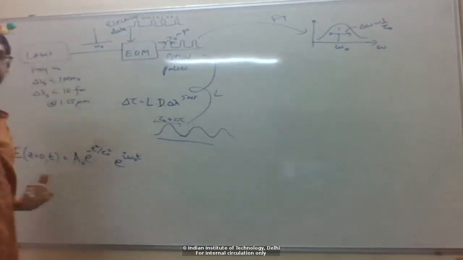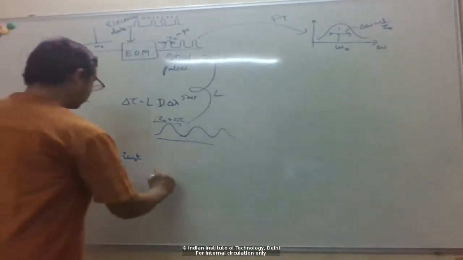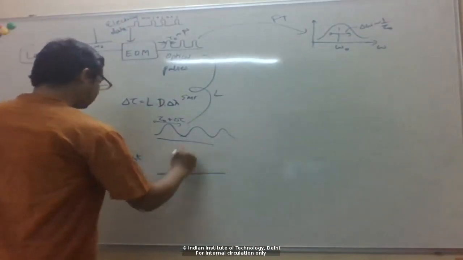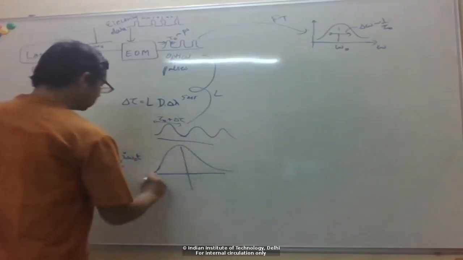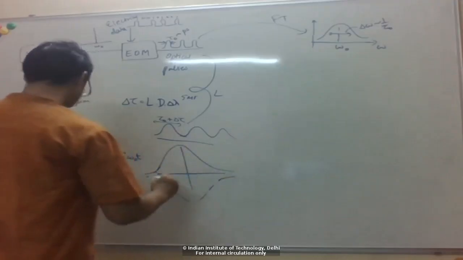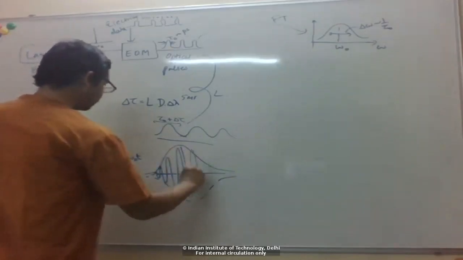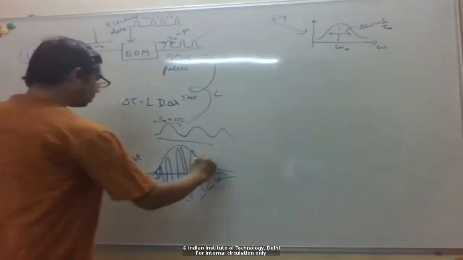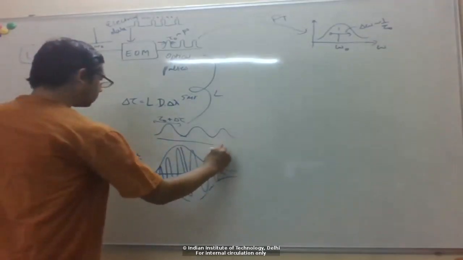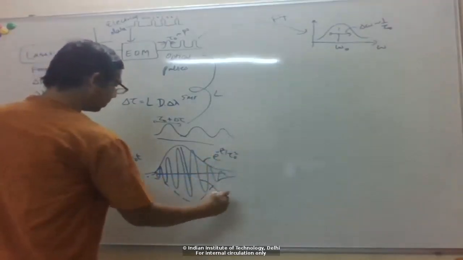So this is the electric field: it has a Gaussian envelope and a carrier frequency omega naught.